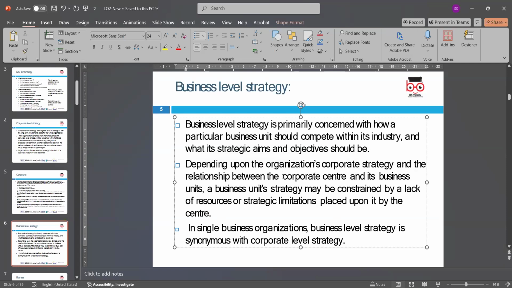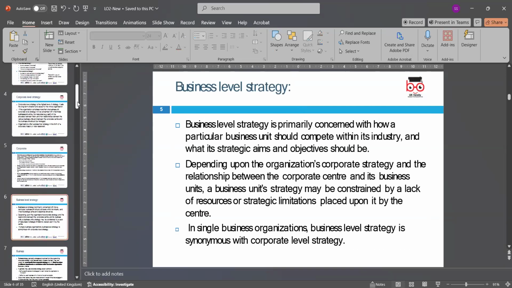Sometimes the head office restricts the decisions of the business unit, maybe by not giving them enough resources or money to execute the business plan of that specific unit. So sometimes the corporate center limits the execution of business unit strategies. But at the same time, all the business units have to follow and comply with the corporate level strategy, along with their own strategy.